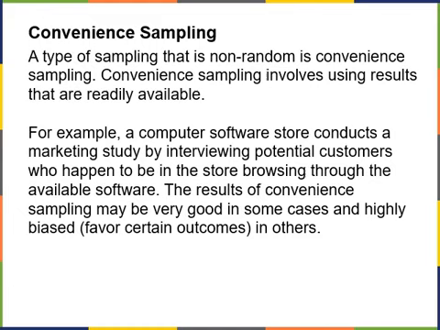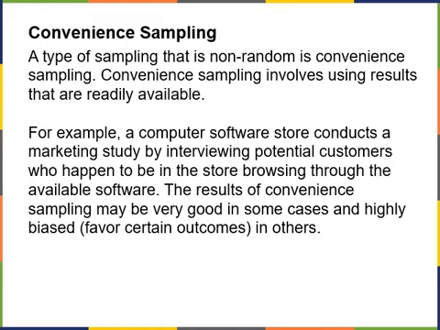So the results of the convenience study might be very good in some cases and highly biased in others. So for example, if somebody's coming into the store and they are looking at software, buying software, virtually going to the store, looking at the shelf and buying some software, they're probably going to be a different customer type than, say, somebody that goes on Amazon and looks for software or buys it directly from the company.